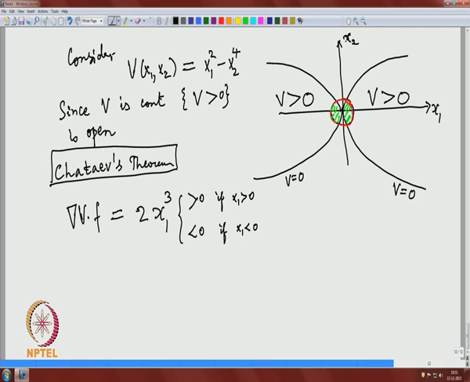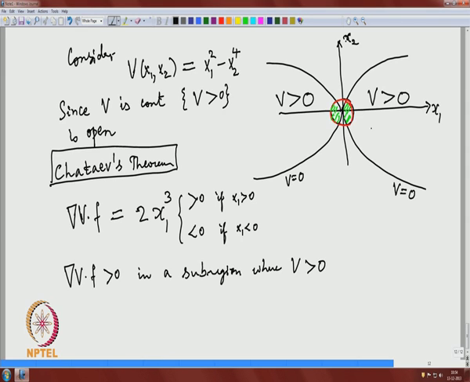So, if you recall the second condition in Chetaev's theorem, okay, what we require is this grad V dot f positive in a sub region where V is positive, and certainly here we have that.